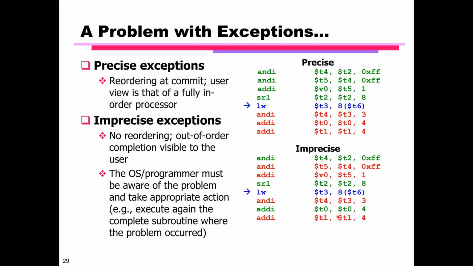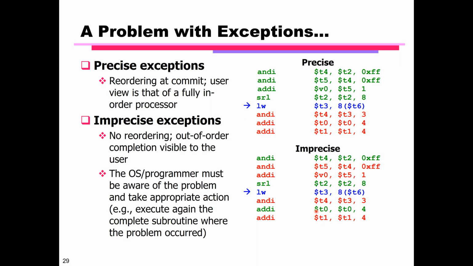And maybe, not by chance, I wrote an instruction that I cannot execute twice. If I add 4 to T0, and if I do it twice instead of once, well, the value in T0 is clearly wrong. So I cannot simply execute this instruction again. So we do have a problem. We have a fundamental problem that we need to implement precise exceptions.